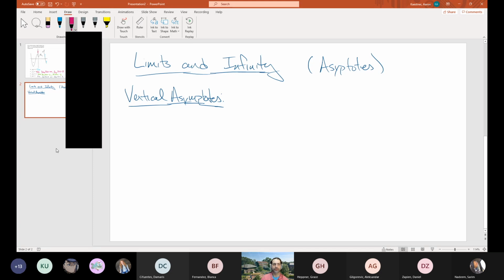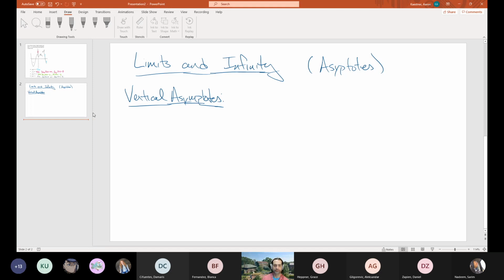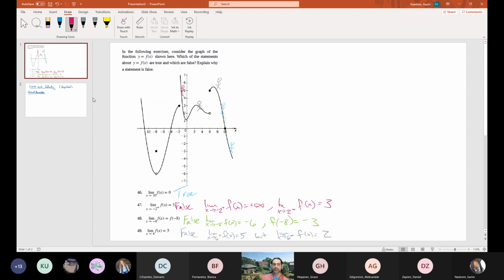Right now, we don't have a lot of tools quite yet for determining what limits are, aside from looking at them and seeing what happens. We don't really have a good way to determine exact values, but we can use our intuition at least to help us think about things like we just did with that example, going to -2 from the right-hand side.